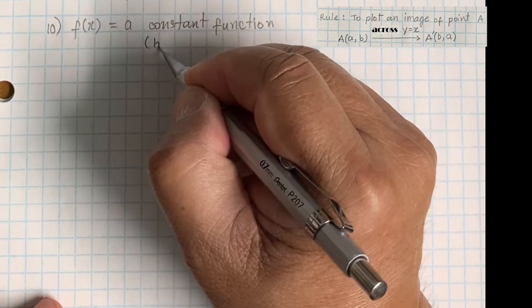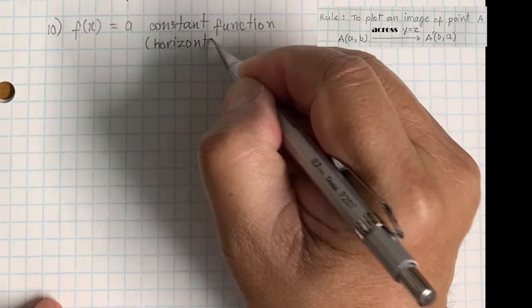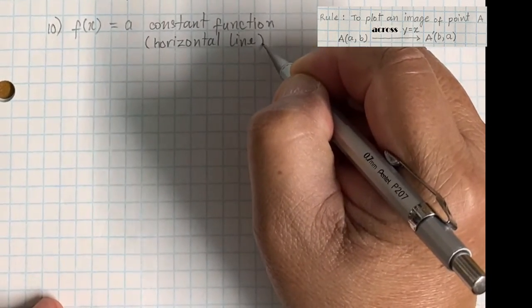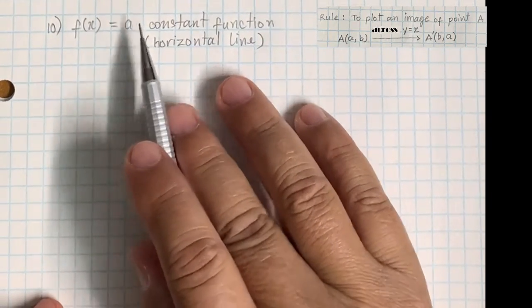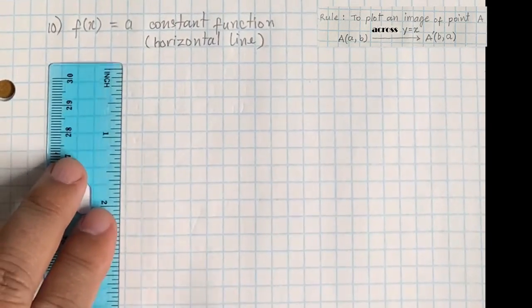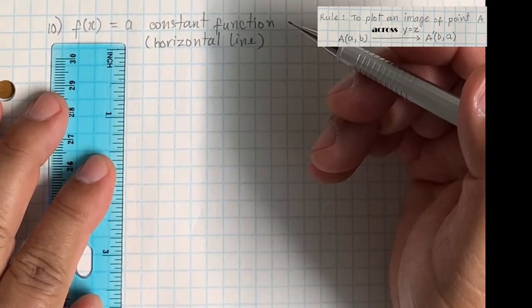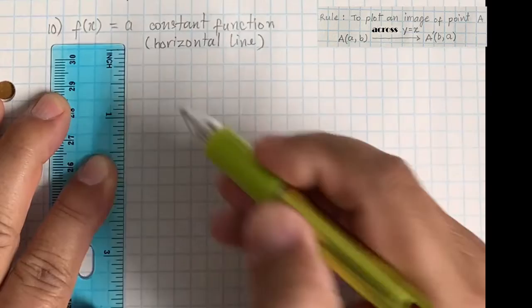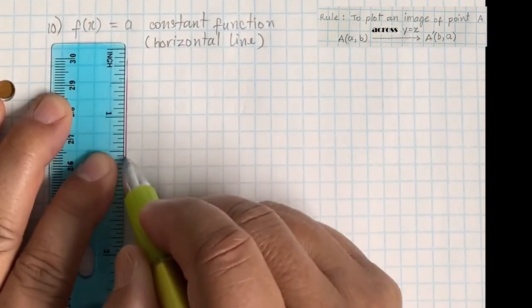Because this is a constant, whatever x is, f of x will be a. So it's a constant function which is a horizontal line.